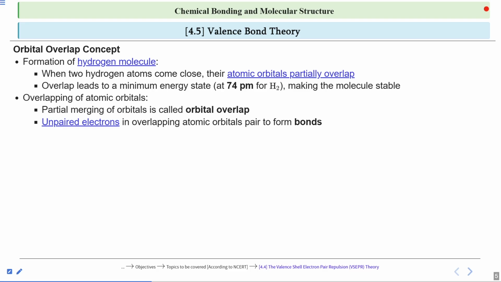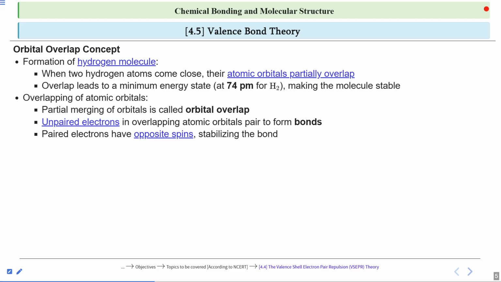After the mixing, or overlap, of these two orbitals having one electron each, the two electrons present in the individual orbitals pair up to form a complete bond where both of the electrons are now paired. So during the overlap of two orbitals, each having one electron, whenever these two orbitals combine, the two electrons get paired up with each other. I hope this is clear to you.